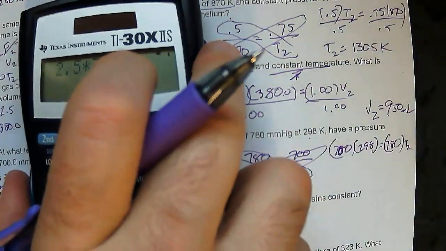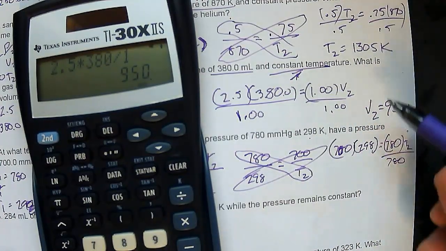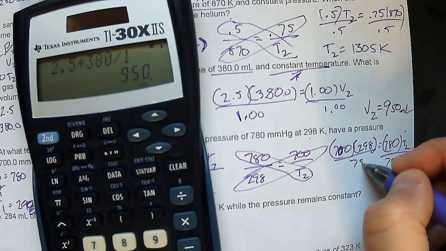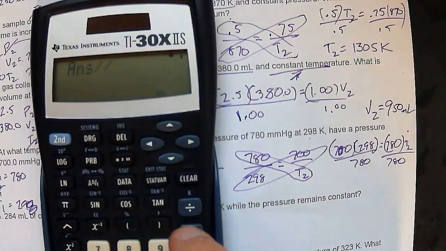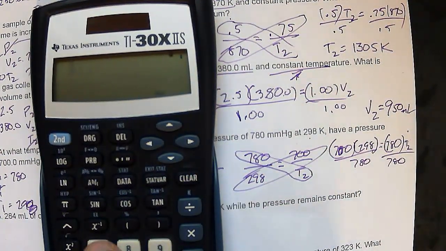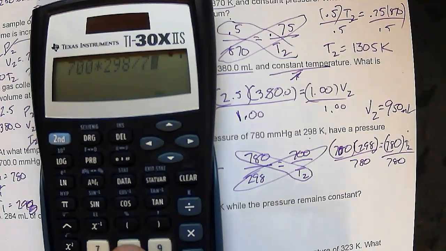Now we divide both sides by 780. Now we have a problem that looks like the ones that we've solved up here. Divide both sides by 780, and now we calculate. So let's clear this. We do 700 times 298 divided by 780.